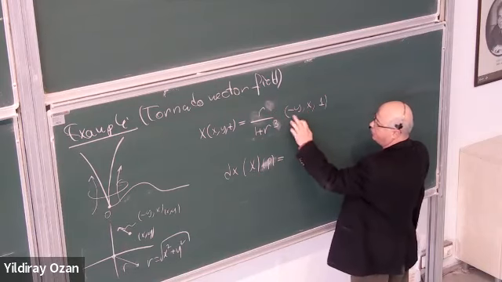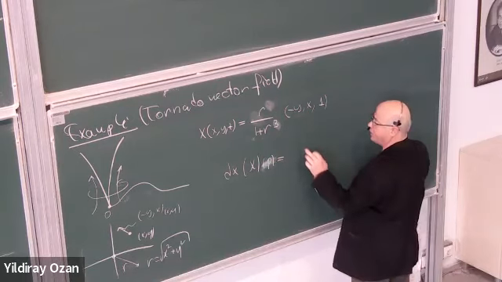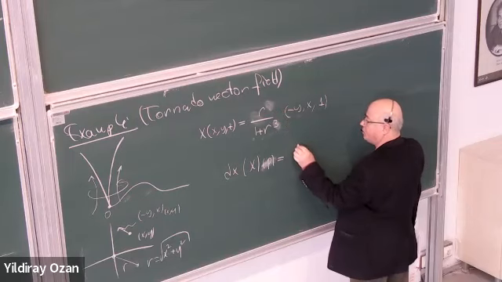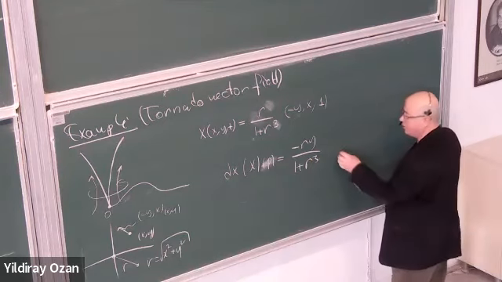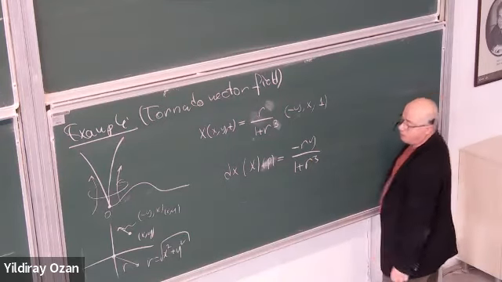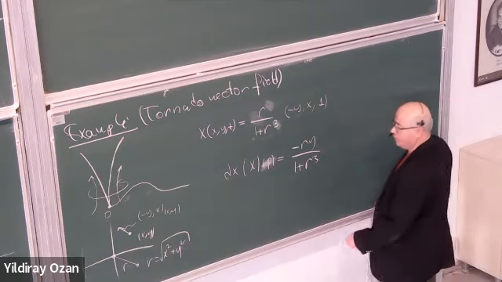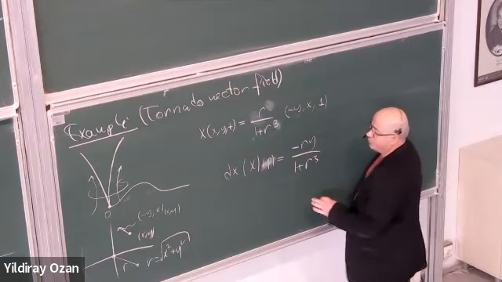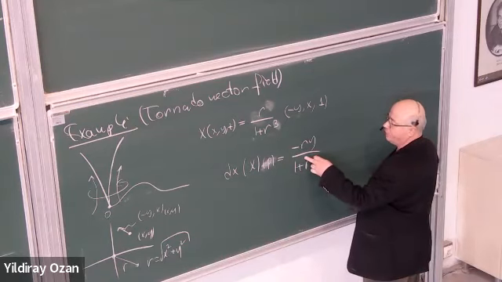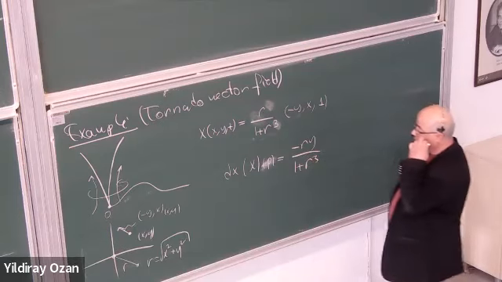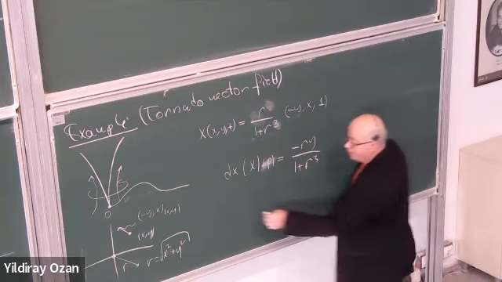What is the x coordinate, or the first coordinate? It is just -ry over 1 plus r cubed. Here, of course, r is just this expression, okay? So this is the component of the airflow in the x direction.